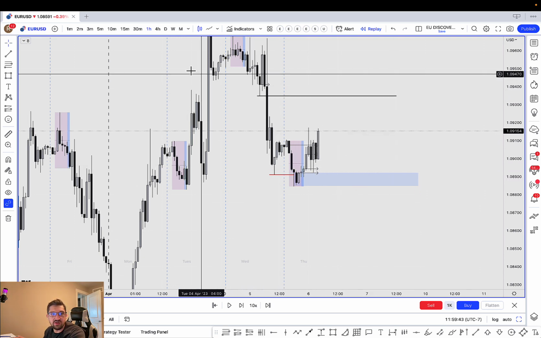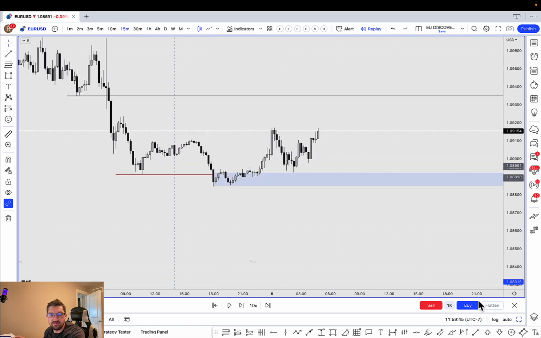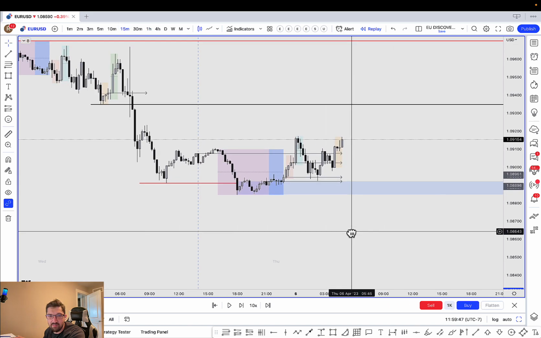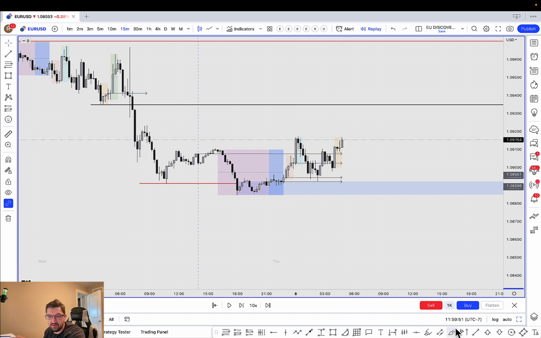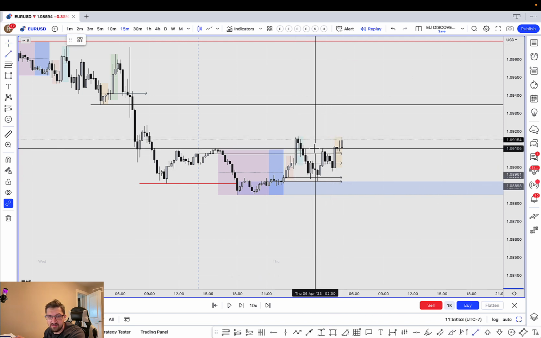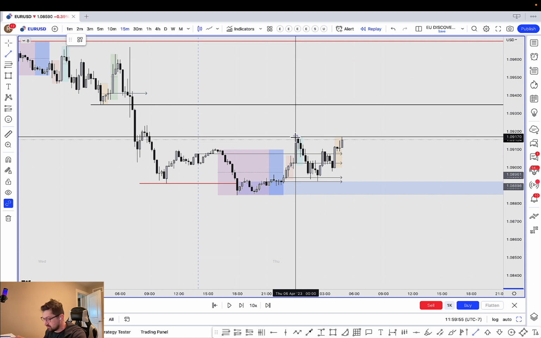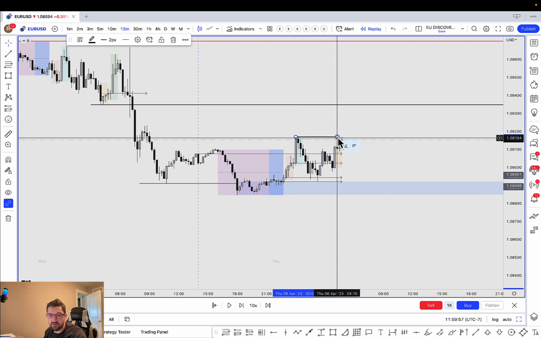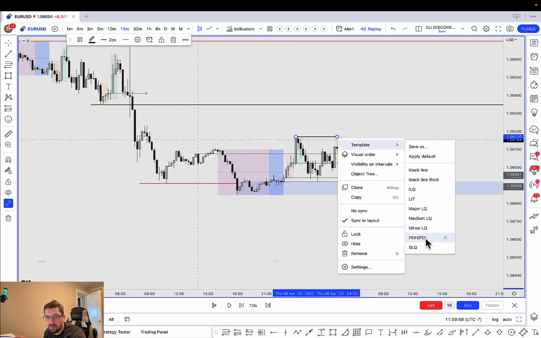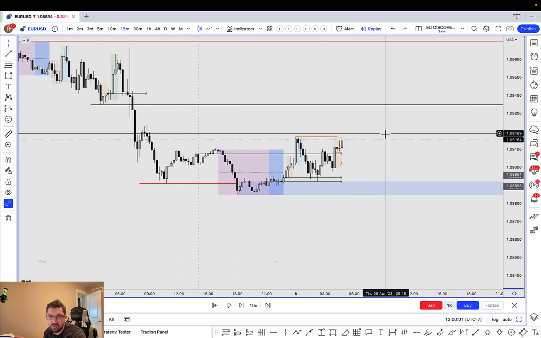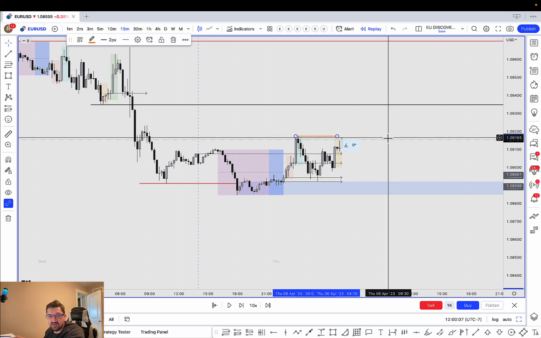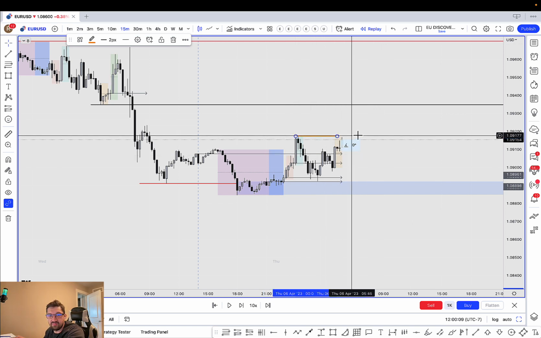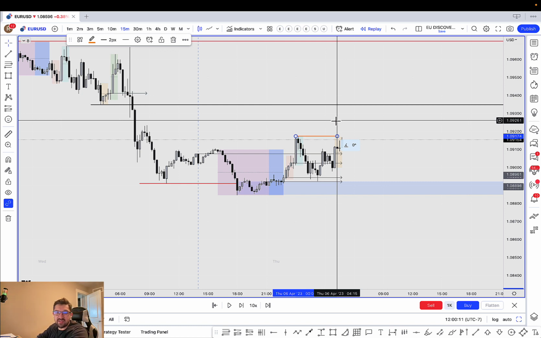So if we just go down to 15-minute here, I can identify a session high here, which is London, which is a medium liquidity. Alright, so if London's the nearby medium liquidity, the expectation is that this will likely get taken.